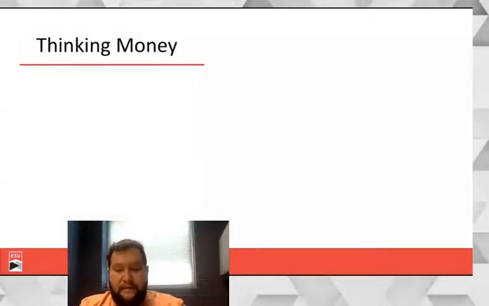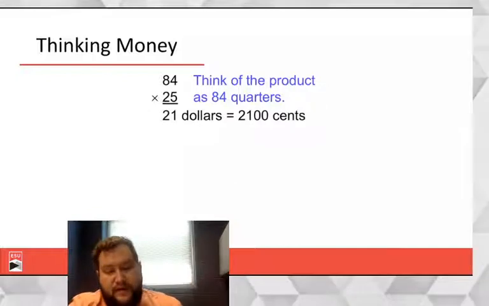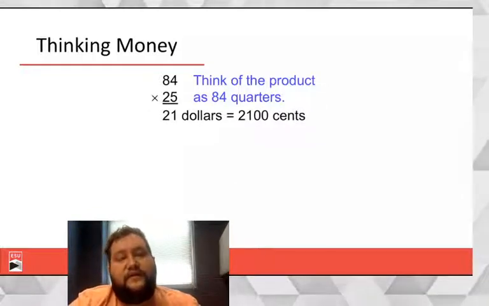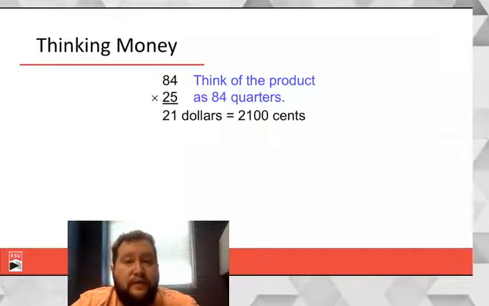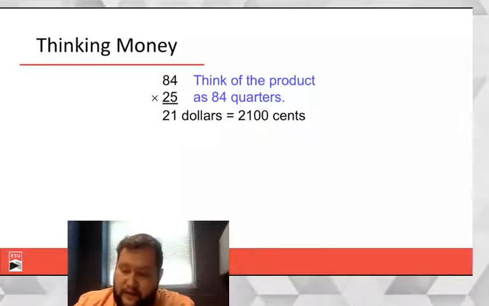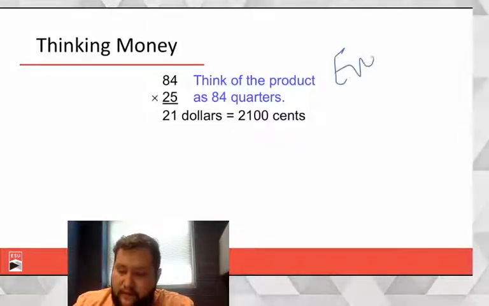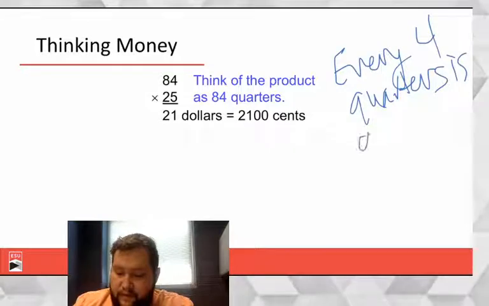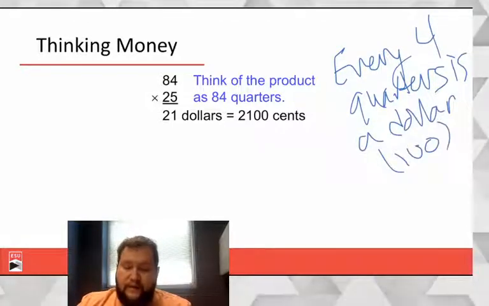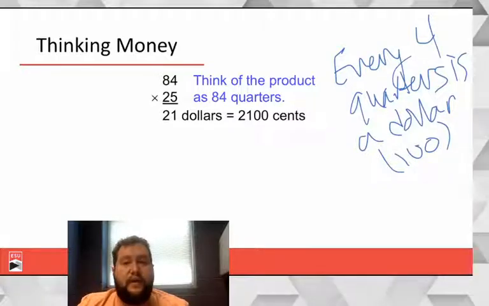Thinking money. So if I have 84 times 25, often if we think about 25 as being a quarter, we have 84 quarters now. And we know that every 4 quarters is $1 or 100 cents. And so it's how many dollars are there in 84 quarters?